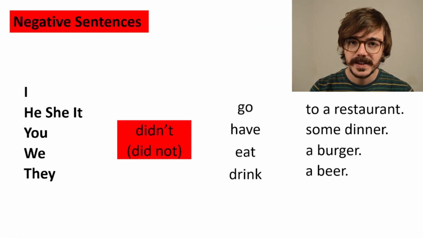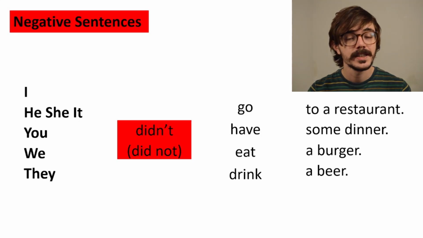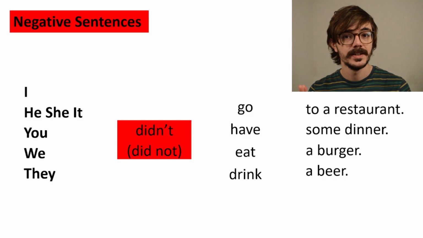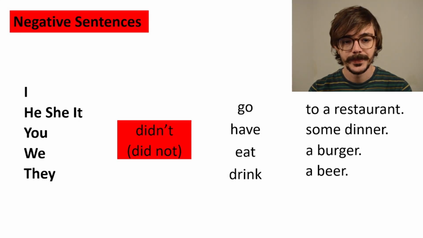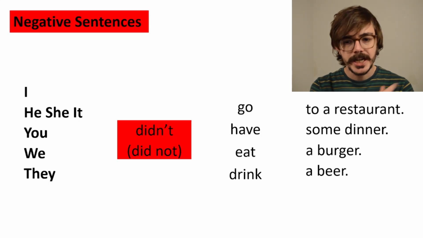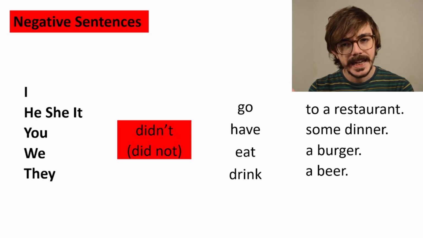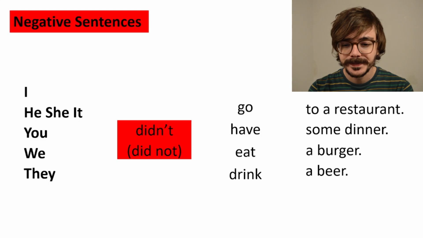How do we make a negative sentence with these verbs? We put in didn't. Just like at the beginning that we were talking about, didn't, which is did not, but we usually say didn't. I didn't go to a restaurant. She didn't go to a restaurant. They didn't have some dinner. He didn't eat a burger.